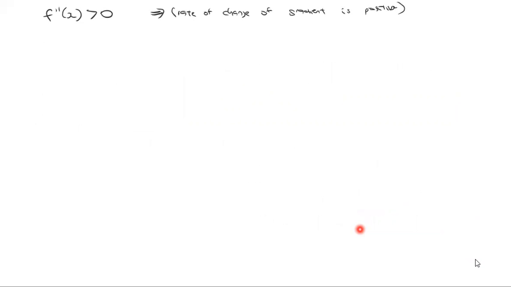Yes. Yeah. Now, if the rate of change of something is positive, is there a word that I could use that makes sense to simply say, therefore, the gradient is what? What word would go in there?